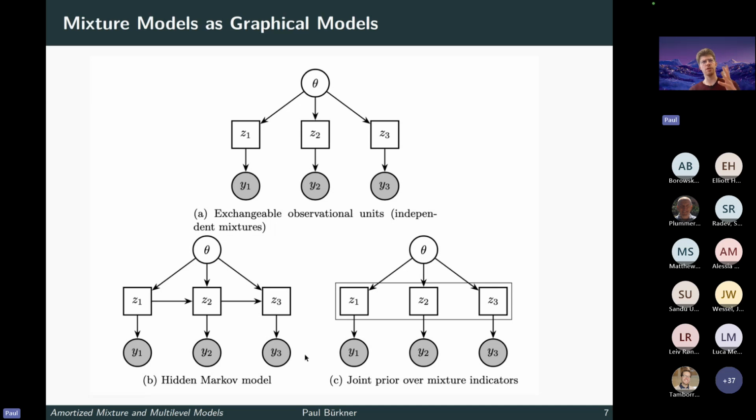They could be exchangeable, could be some directed Markov model style factorization, or some joint distribution over the mixture indicators. But in any case, we still have some strong factorization because the theta is only related to the y's through our z's. So we are able to actually simplify our posterior distributions in a smart manner in order to make good use of this during ABI.